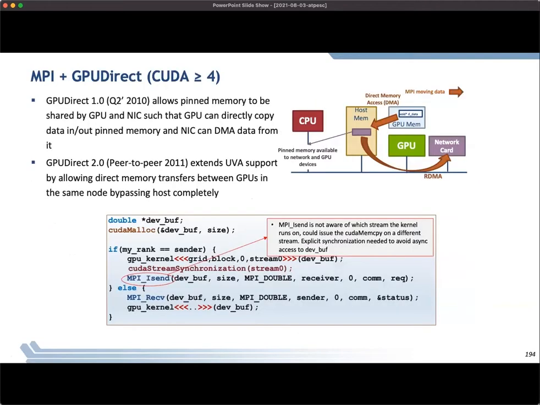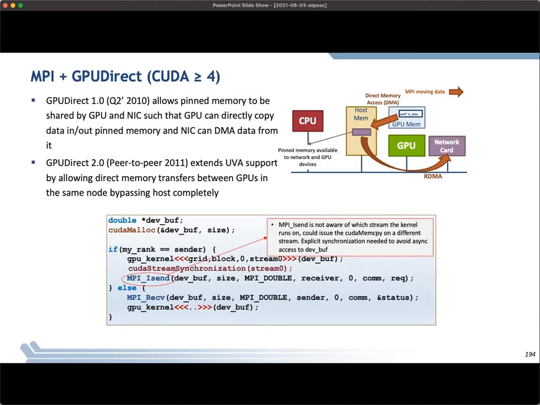The MPI plus CUDA is where things get a little bit complicated. Depending on the version of CUDA and the GPU Direct support on a GPU, you may or may not have some performance implications.